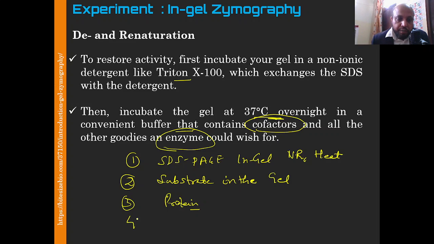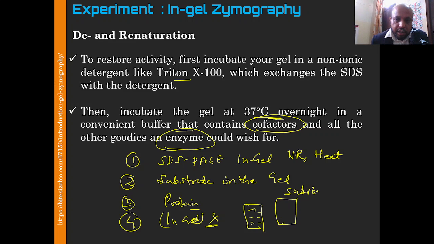The fourth point I also mentioned is that some people do not go with in-gel, meaning they are not using the substrates in the gel, but rather they incubate the gel, after your proteins have been resolved, with a particular substrate, and then they see whether there are bands or not. The advantage of this method is that, as I said earlier, different isoforms or zymogens can be differentiated.